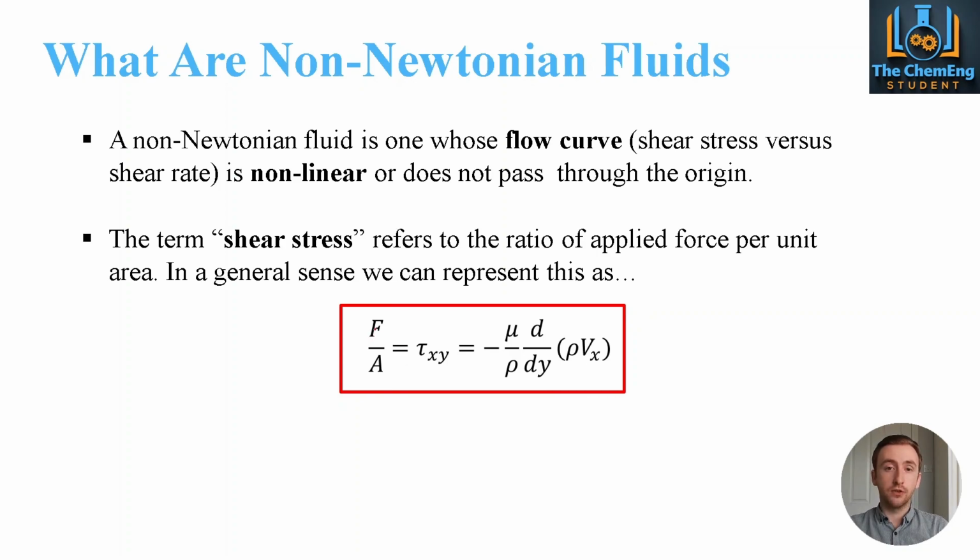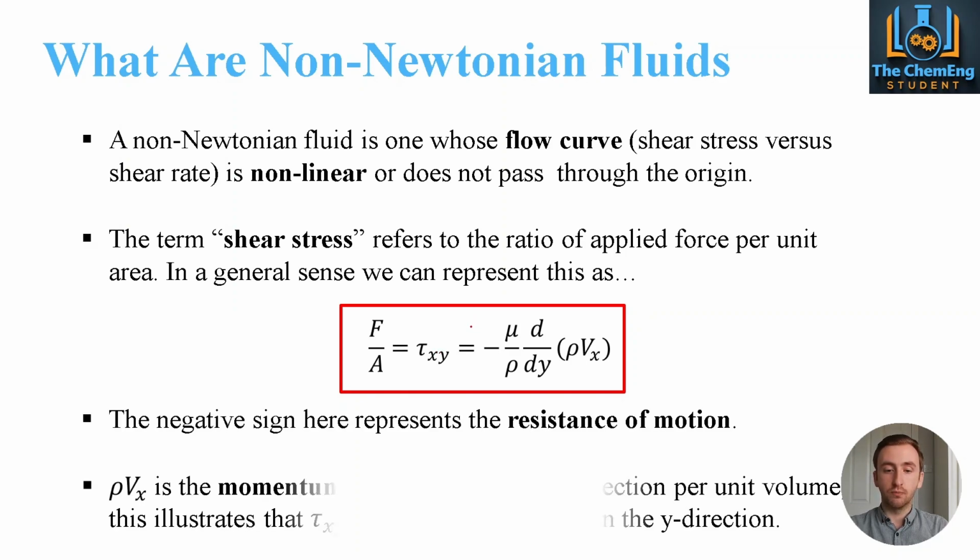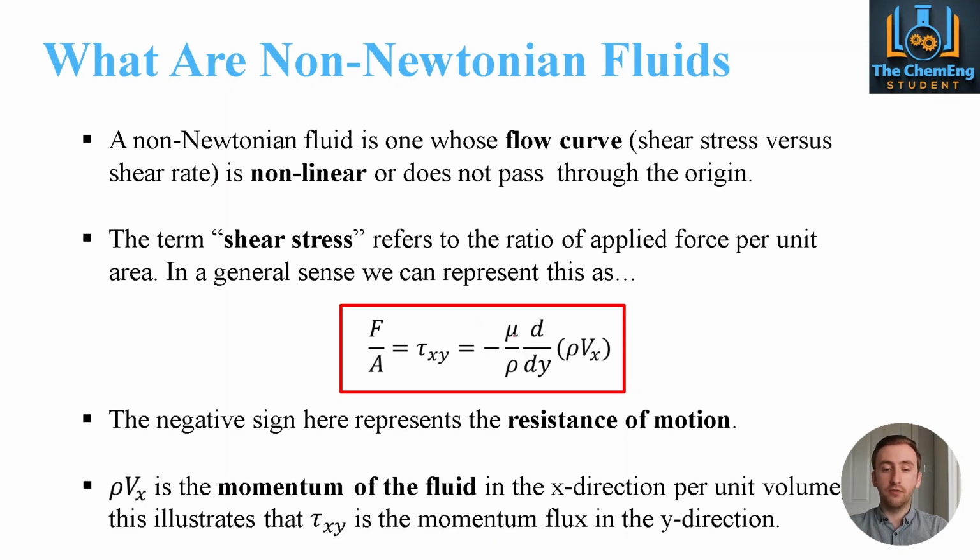So what we say here is the force over the area is equal to tau xy. What this implies is that tau represents shear stress and the xy means in the x to the y axis. Now we can relate this in terms of physical properties. We can have the viscosity, the density, and we can have the differential equation in the y-axis as a function of density and volume.